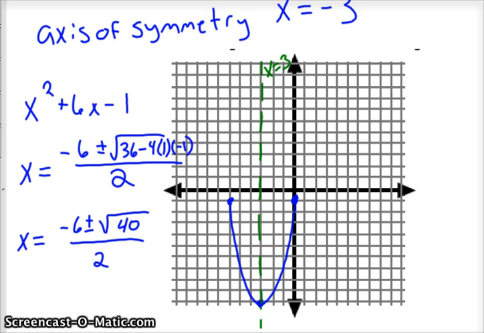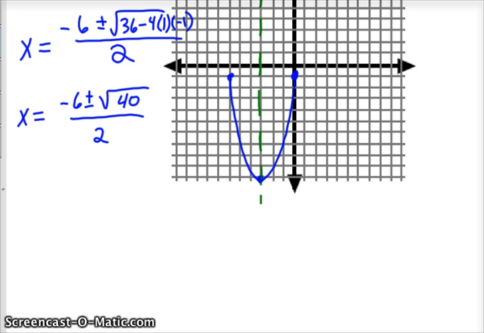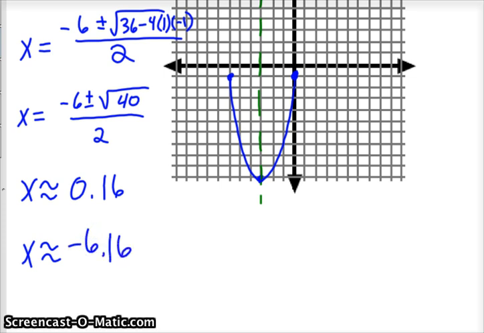So the negative 6 plus square root of 40 divided by 2, one of your answers is approximately equal to 0.16. And then the other answer is negative 6 minus the square root of 40, close the parentheses, divide that by 2, and you get negative 6.16.